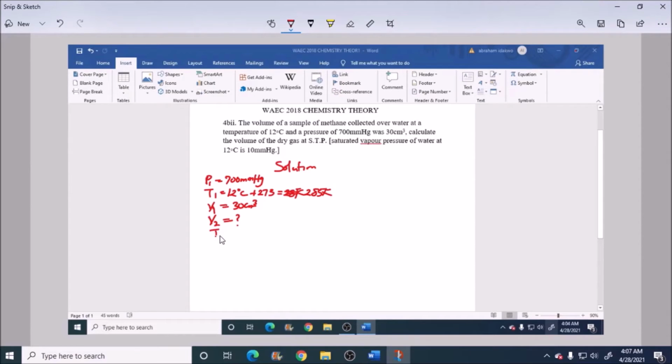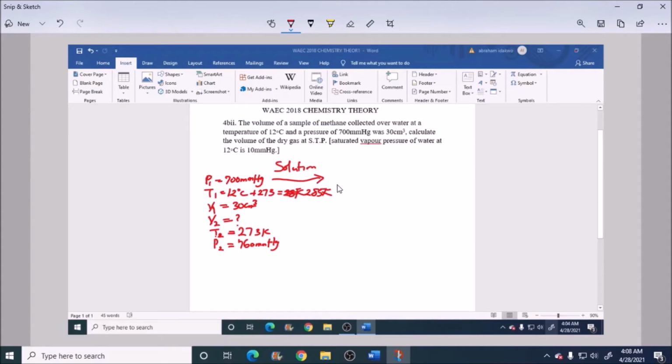Then our T2 is going to be standard temperature, so T2 is equal to 273 Kelvin, while our P2 is going to be standard pressure, which is 760 millimeter mercury.